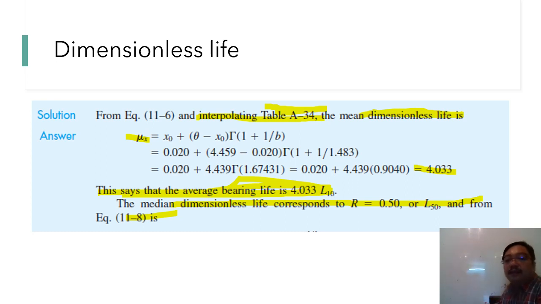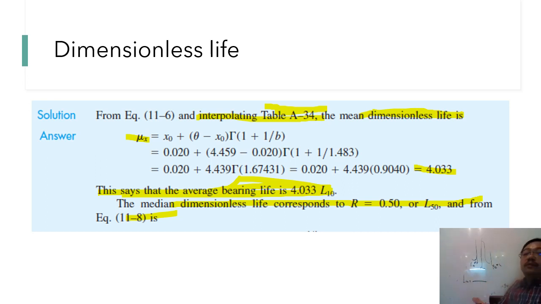The value given in the catalog is L10. Let's say L10 is the life at the 10th percentile. This is the 10th percentile, this is the 50, and this is the 90th percentile. So L10 is given by a certain value.